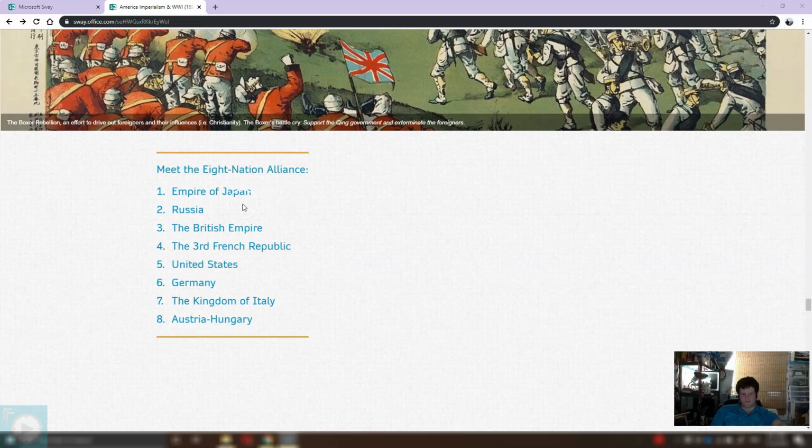But these nations, even though they speak a multitude of different languages, they all have different agendas. The Japanese want to take land, the Russians want to take land, the British want to protect their investments, the United States wants open trade, etc. These armies are able to do massive amounts of damage.